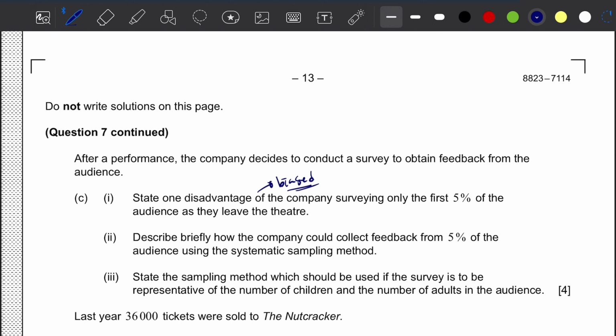It is just based on people who were likely to be in the same part of the theater. So the survey result is very biased, and the method they are using is convenience sampling, so the result is not really accurate.